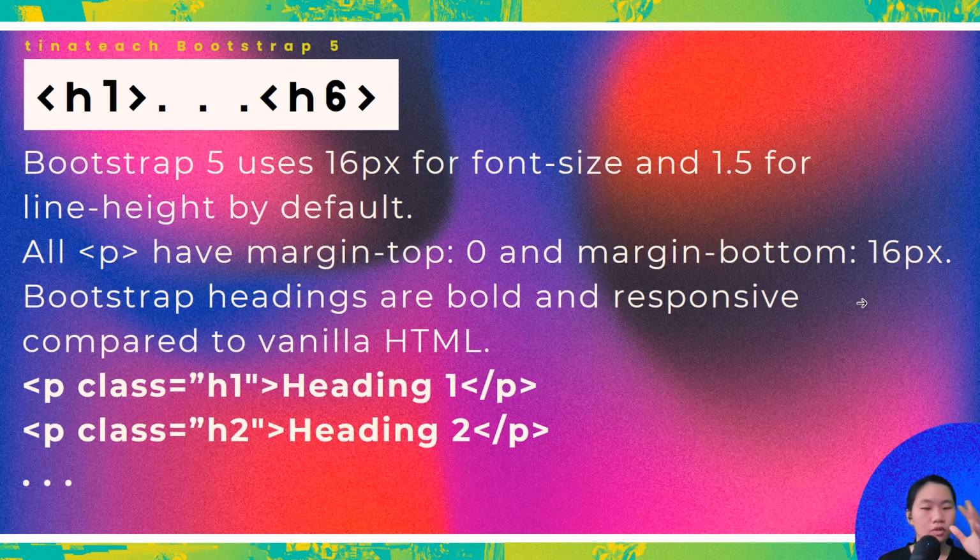So as you readjust your browser or switch to another device, the text will follow, okay? So it's not quite restricted and fixed as the vanilla HTML tags would be. And just very simple, you need to put class equals to h1 if you want to go for heading 1, h2 if you want to go for heading 2, and so on and so forth.